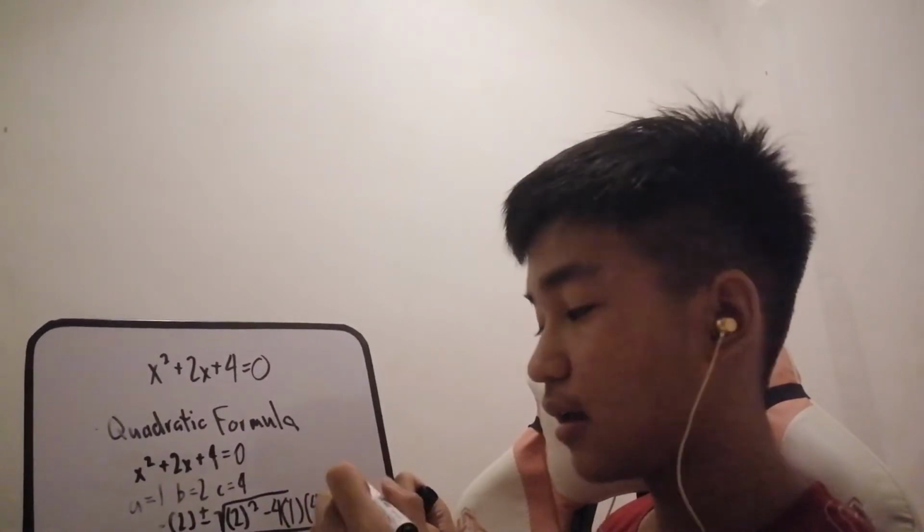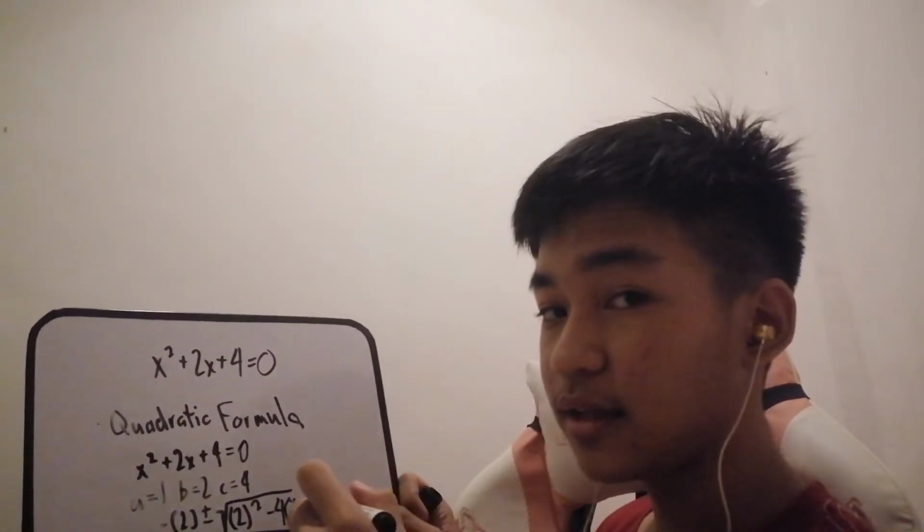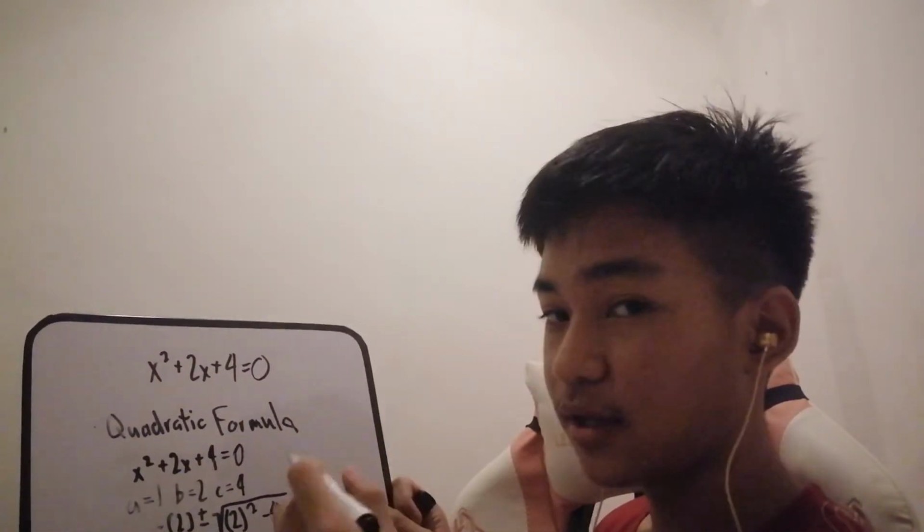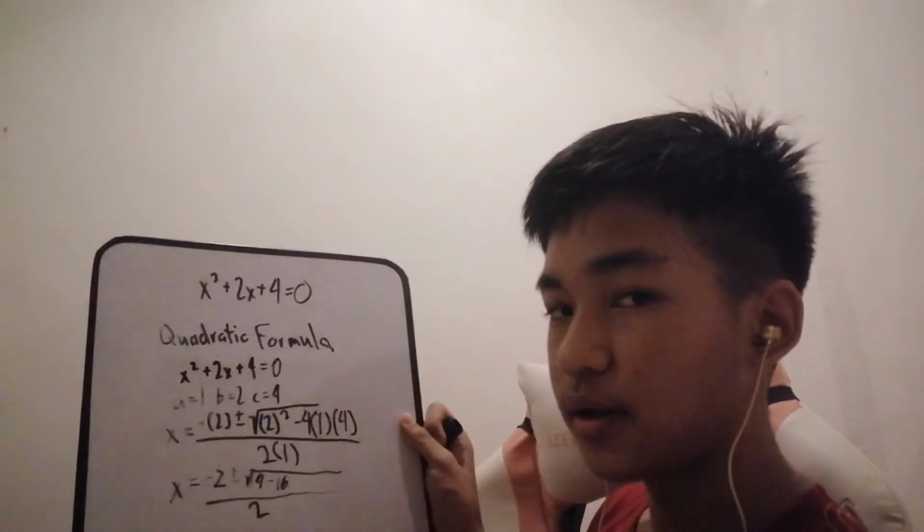Times 4 is negative 16, since positive times negative is negative. So we will put negative 16 over 2 times 1, which is 2. There.